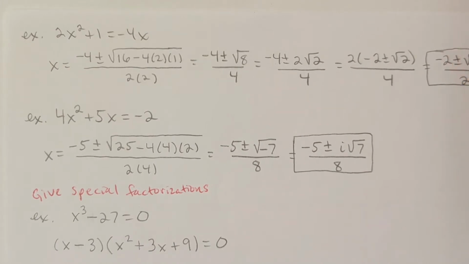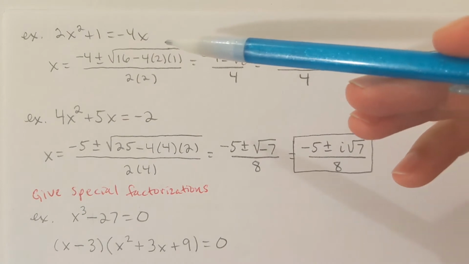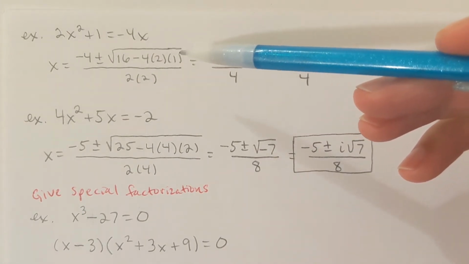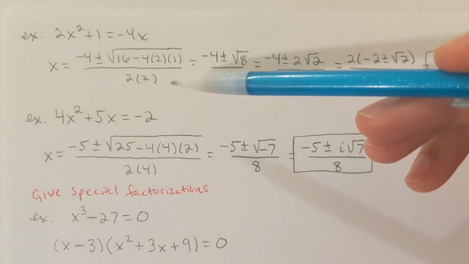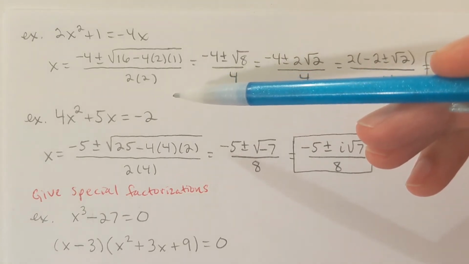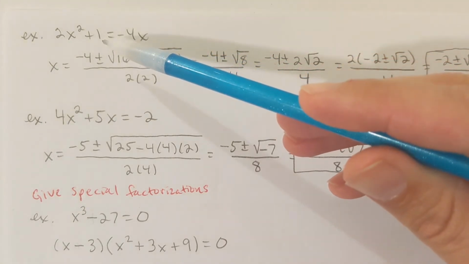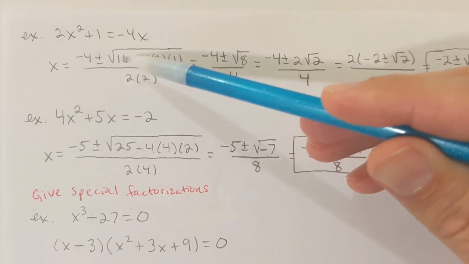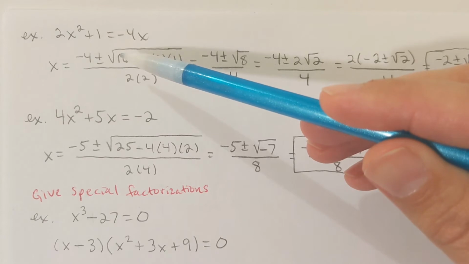Let's take a look at another one here. We've got 2x squared plus 4x plus 1 equals 0. Well, x is equal to negative b plus or minus the square root of b squared minus 4ac all over 2a. The opposite of b would be negative 4 plus or minus the square root of b squared. 4 squared is 16.